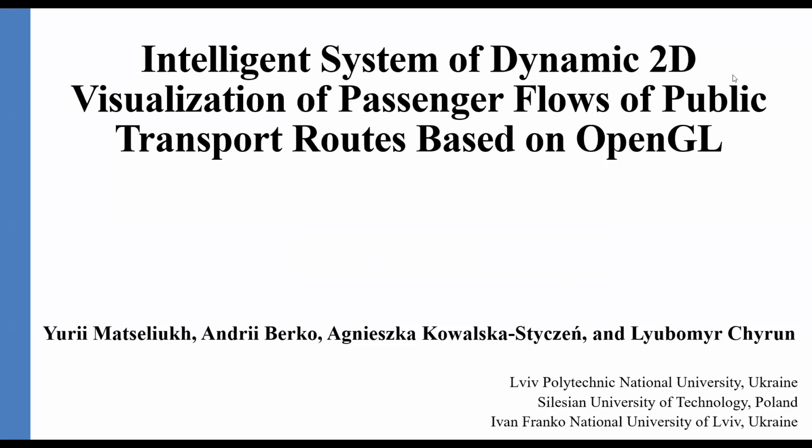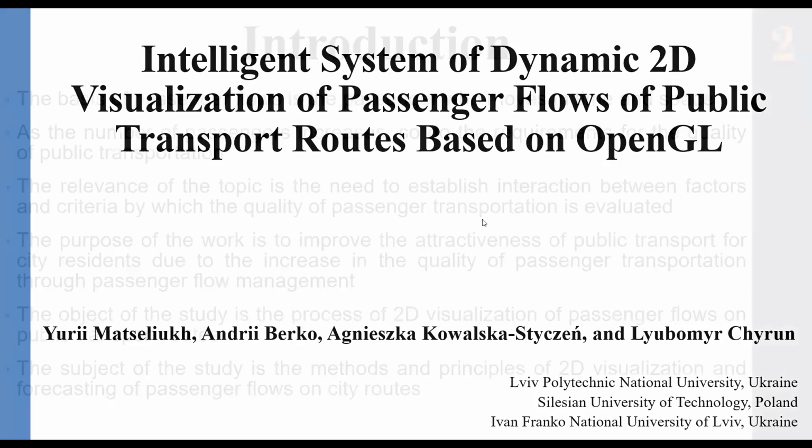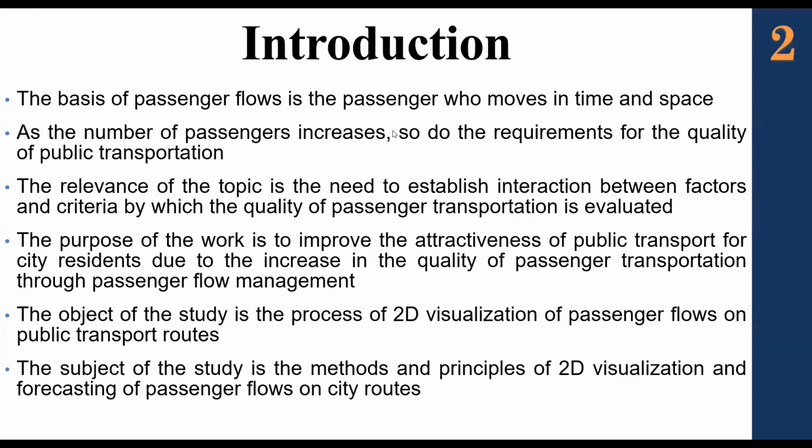It's an international team from Ukraine and Poland, from Lviv Polytechnic National University, Silesian University of Technology, and Ivan Franko National University of Lviv. As basic information, we talk about passenger flow as passengers who move in time and space, and as the number of passengers increases, so do the requirements for the quality of public transportation.